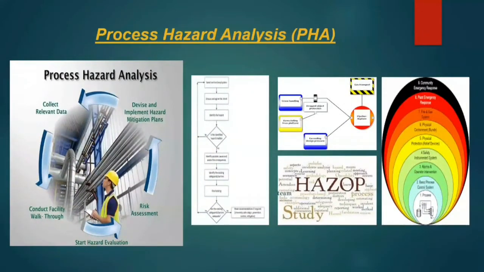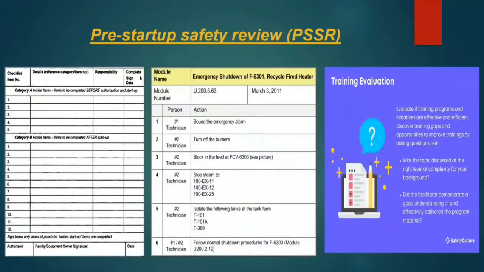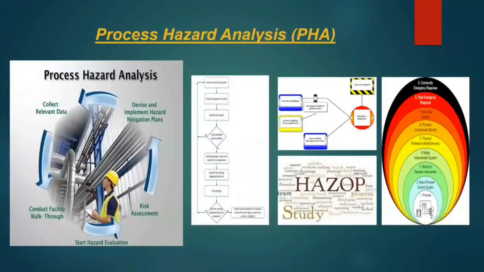Then make implementations about the planning, collect relevant data, then conduct a facility walkthrough. But a comprehensive process hazard analysis must at least address process hazard engineering and administrative control, consequences of deviations, and steps required to correct or avoid deviation.